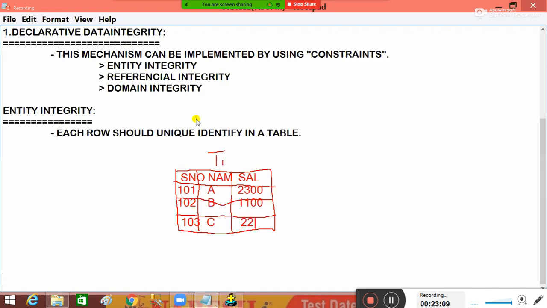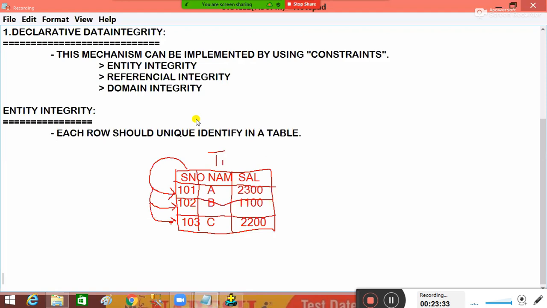So guys, tell me, total 3 rows are there, and in the serial number column, can you see each and every row's value is unique: 101, 102, and 103.